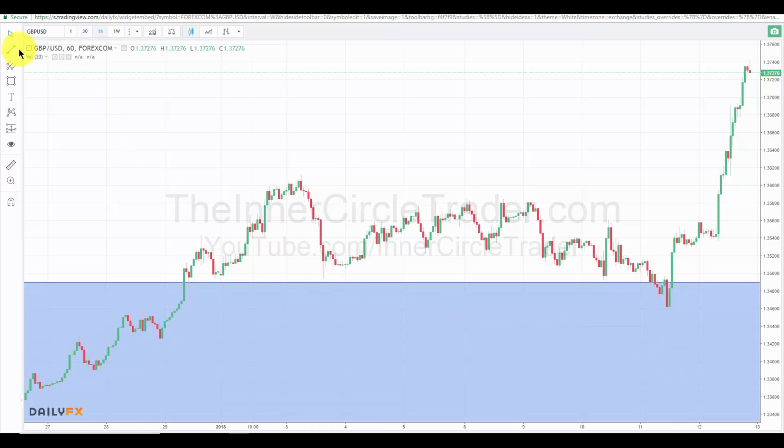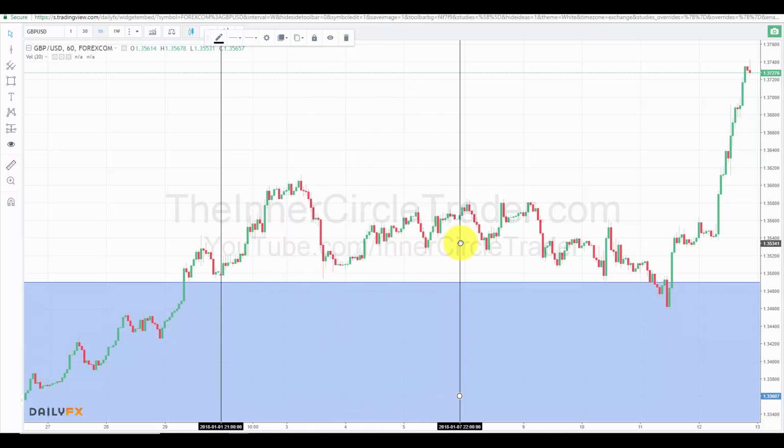I want to delineate a specific range of dates. I'm starting here, the beginning of January's trading, the beginning of the year. I'm going to delineate another date reference point, and it's here.